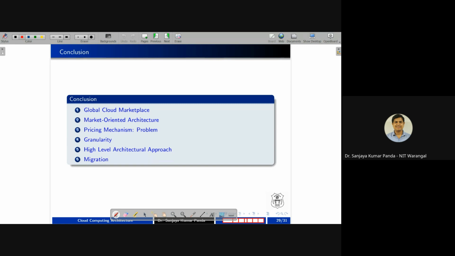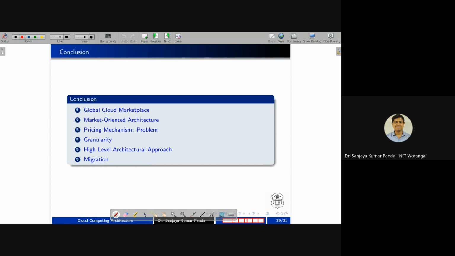Based upon the customer view and provider view, we discussed which architect works for what: an IT architect for IaaS, a software architect for platform as a service, and an administrator for software as a service. I showed you the architecture of Amazon EC2 and Microsoft Azure, or you can say Microsoft Azure against Amazon Web Services.